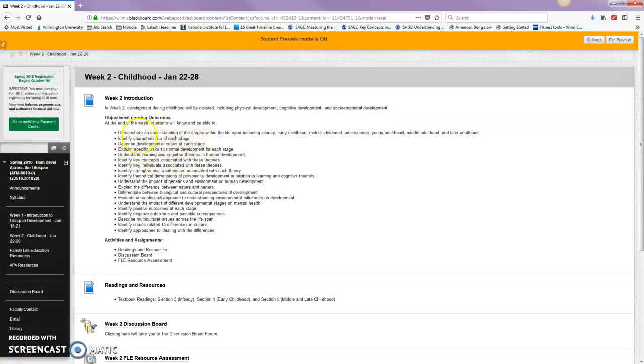So in thinking of that, you're going to be learning about the characteristics of each stage, developmental crises, as well as normal development and risks to normal development or expected development. And we'll also be discussing different theories, and we will be theory heavy in the first few weeks. That's not to say theory isn't important as we go along, but there are more theories that have to do with early years of development rather than later years of development.